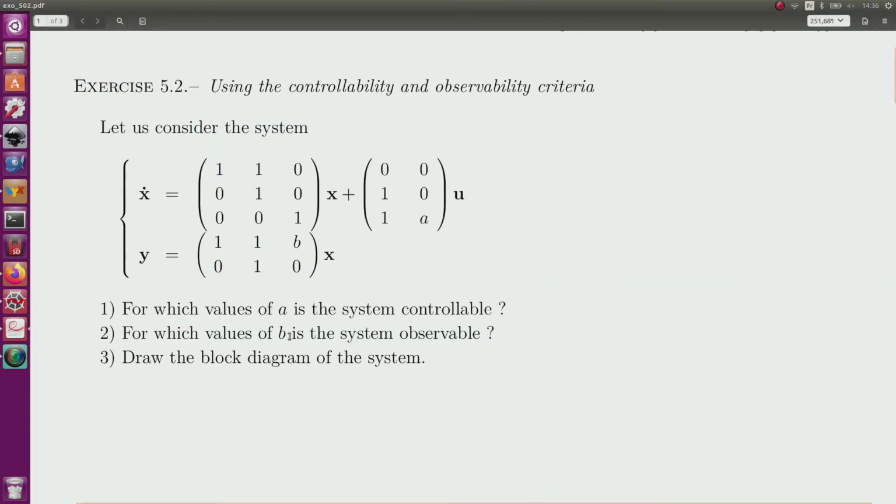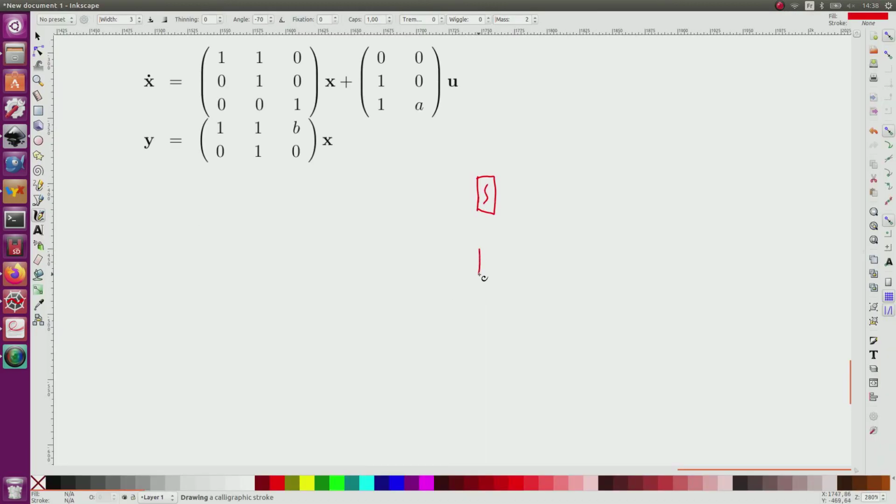Now I switch to the last question, and I have to draw the block diagram of the system. First, I put my 3 integrators corresponding to the state of the system: x1, x2, x3. The input of each integrator is x1 dot, x2 dot, x3 dot.